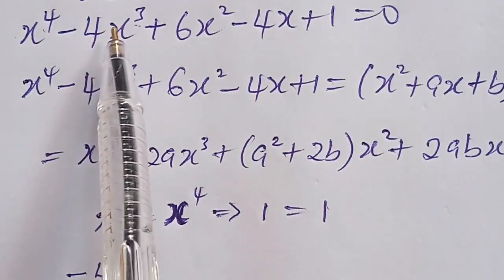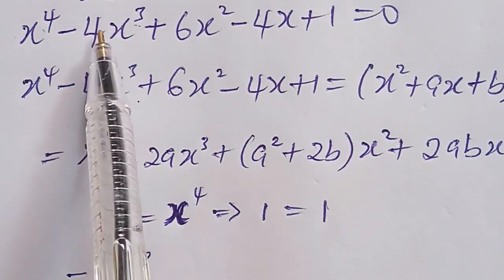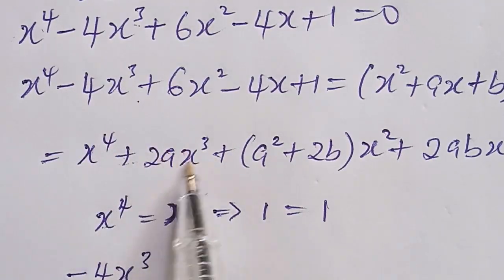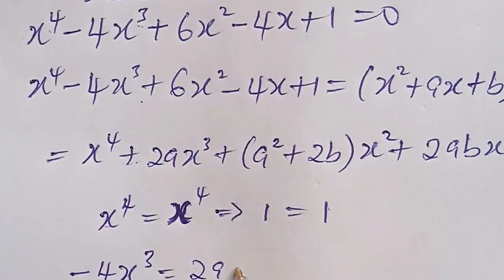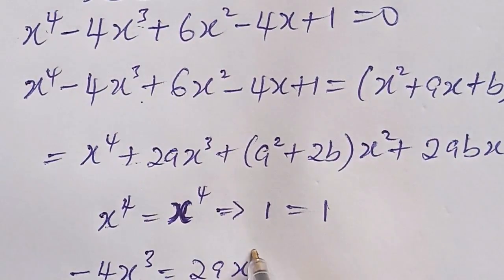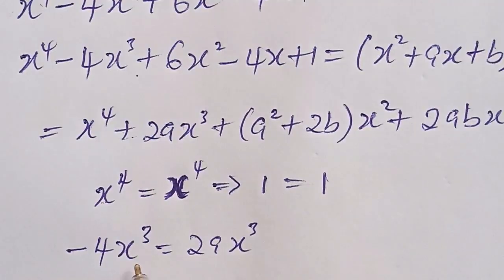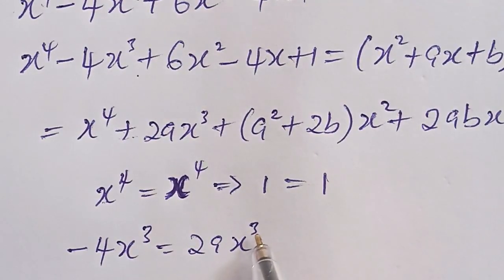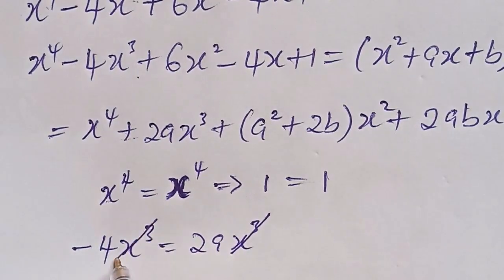This term is equal to 2ax cubed, so the x cubed cancels out.